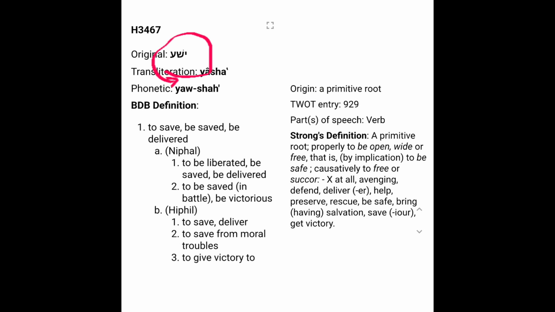Here we see the word H3467, Yod Shin Ayin, Yasha, meaning to save, to be saved, to be delivered. Notice the primitive root is to be open or wide or free, that is, by implication, to be safe.